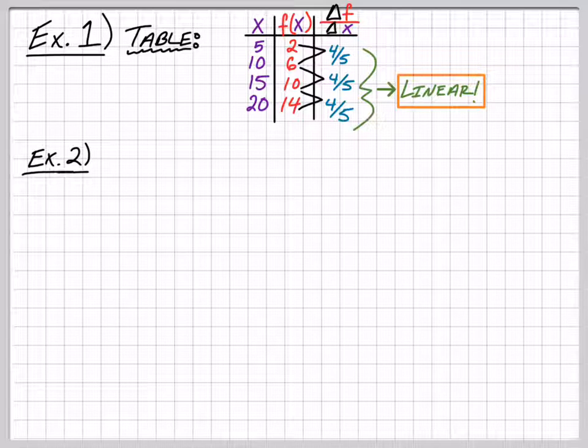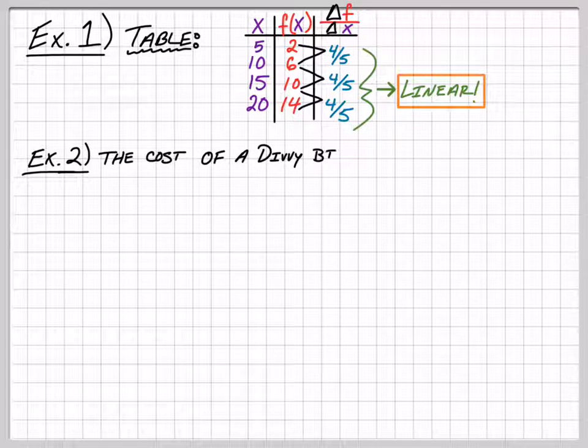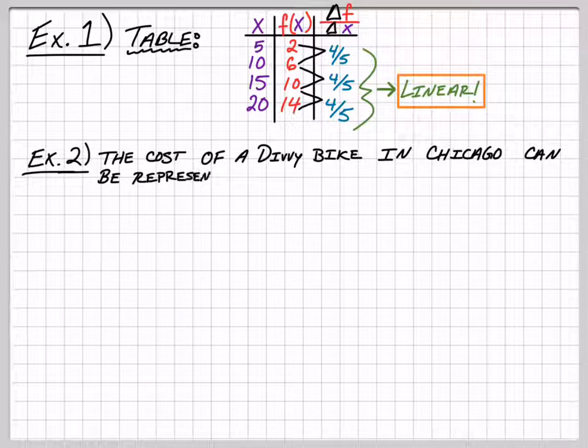Let's look at example 2 here. A little bit of a word problem, different scenario. So the cost of a divvy bike in Chicago can be represented by the formula, and I'm going to give you the formula. Now it's sort of similar to how divvy bike works. It's not exact, but kind of simplify it so we can work with this problem.